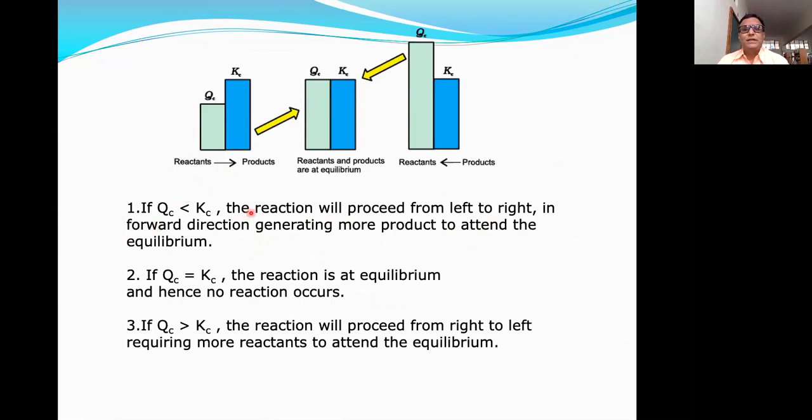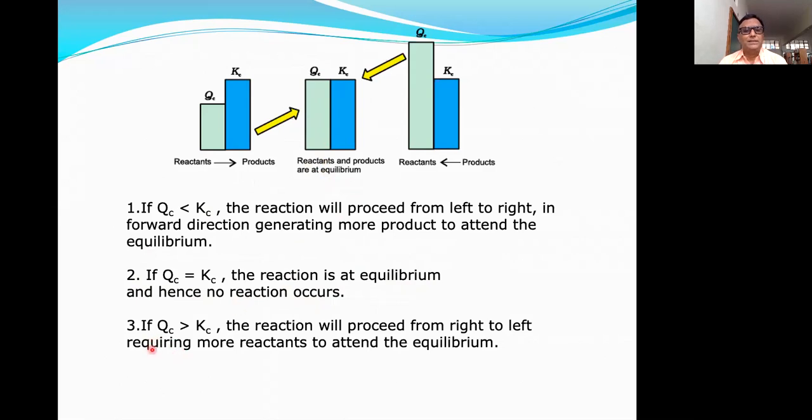Consider the second case, second figure. Both are equal. Means if Qc is equal to Kc, the reaction is at equilibrium and hence no reaction will occur. In the second figure you can observe the reactants and products are at equilibrium.